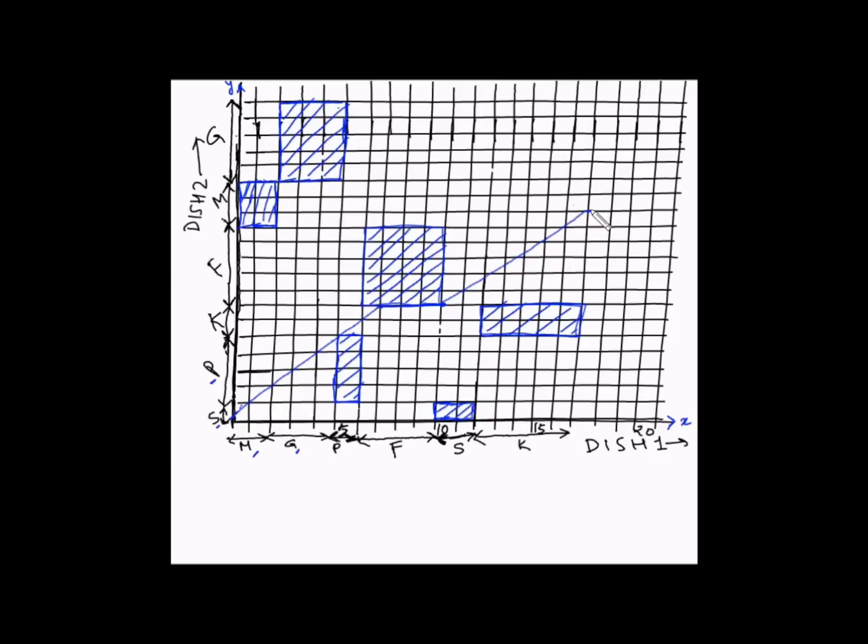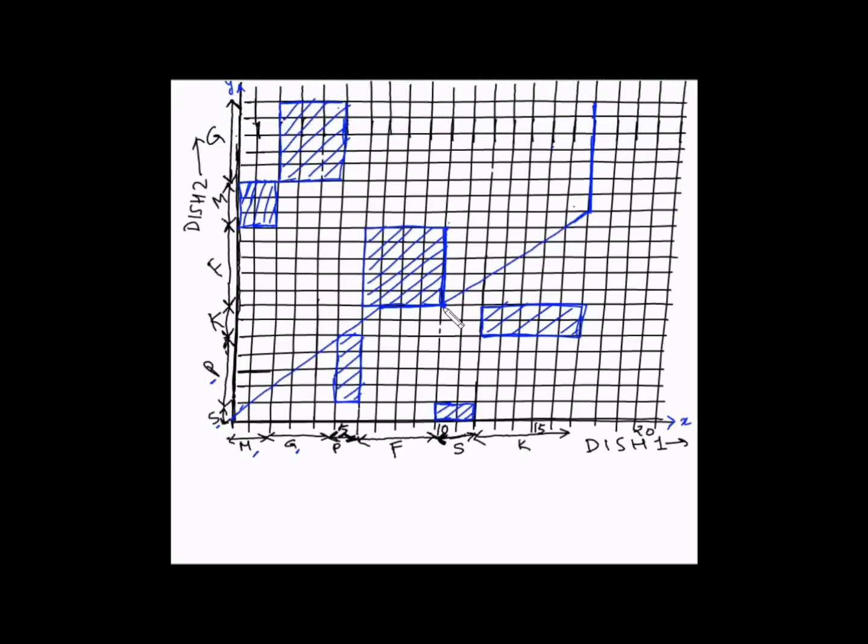So we stop here, but dish 2 is not yet complete. So once we reach here, then we have to start moving vertically, and we will have to move till we finish dish 2, which is end point of G. So this means that we are processing only dish 2 at this point.